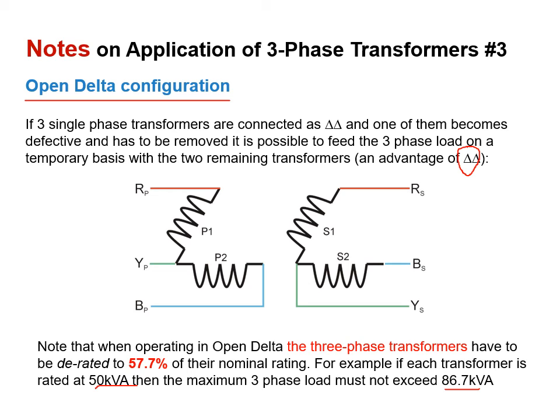So the maximum three-phase load must not exceed 57.7% of 3 times 50 kVA. So that's an advantage and application of a delta-delta configuration.